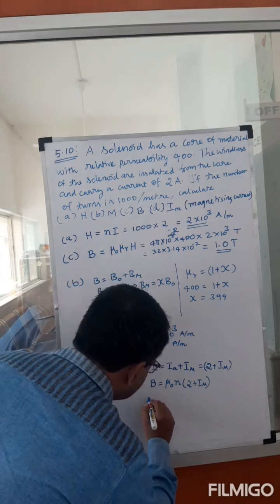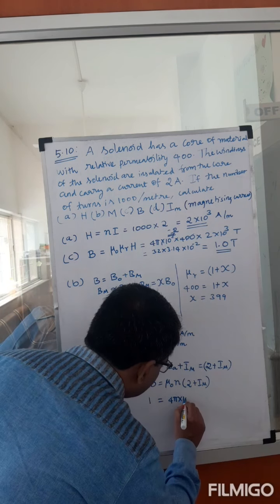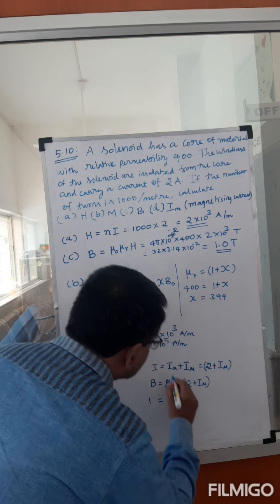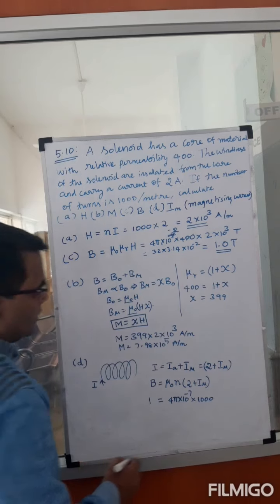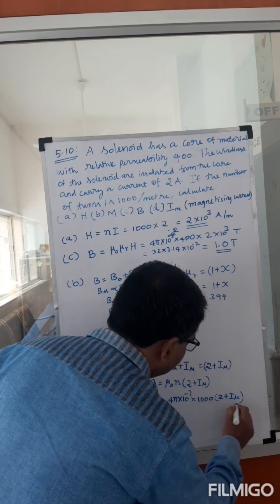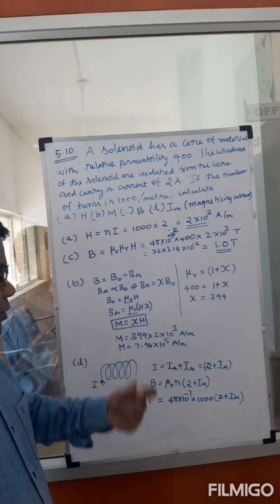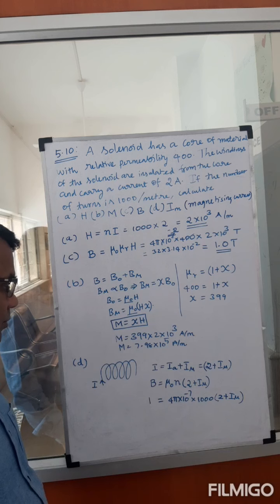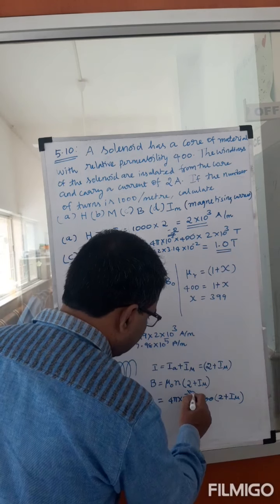So I have 1 Tesla as a magnetic field equal to 4 pi into 10 power minus 7, and n is actually 1000, and now I have 2 plus Im. So what would I get now? This will give me 10 power minus 4.